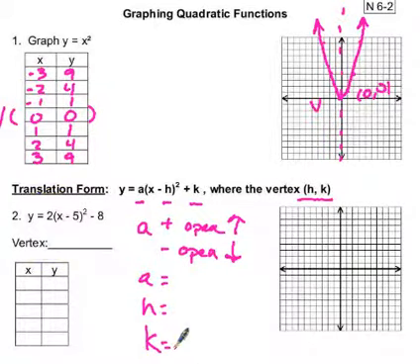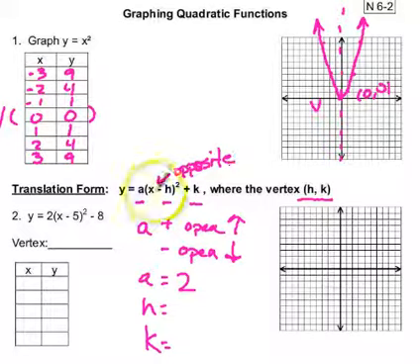A is in front of the parentheses, so A equals 2. H, we need to be careful. See how there's a minus sign here in the original form? Anytime you see a minus, that means you're actually going to do the opposite of what's there.